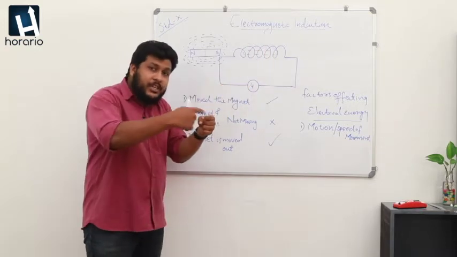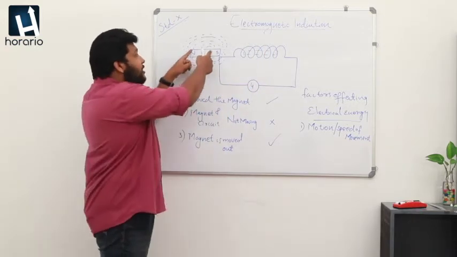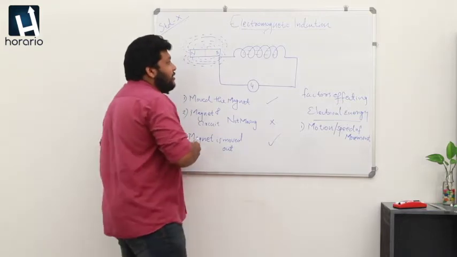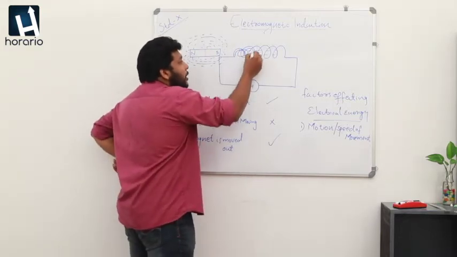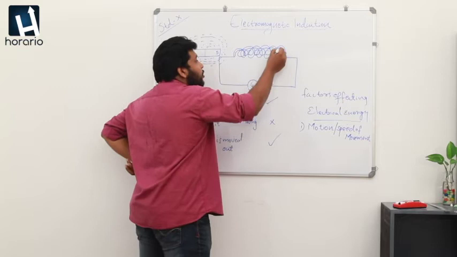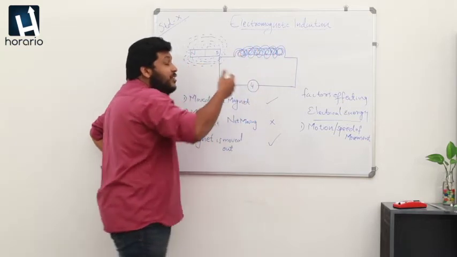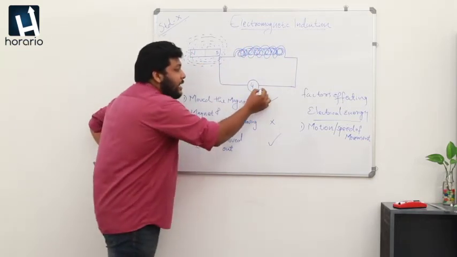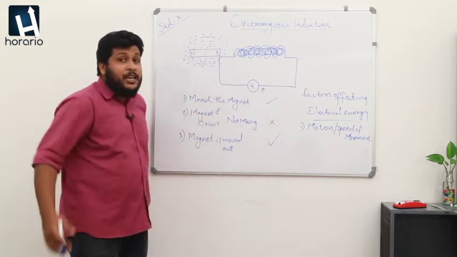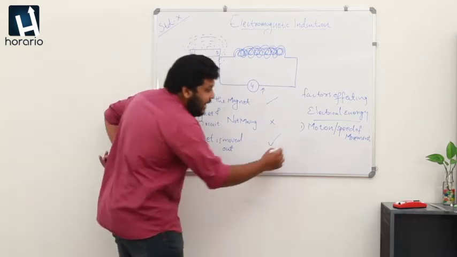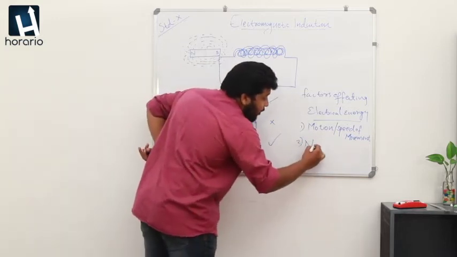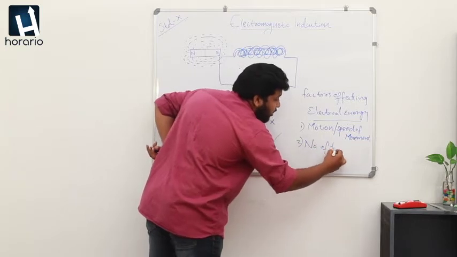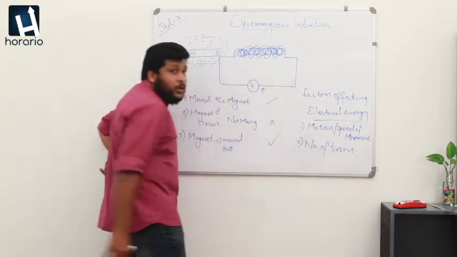When the number of turns increases, the interference with the magnet also increases. What will be the result? The energy production in this circuit will be very high. So the second factor is the number of turns in a solenoid.